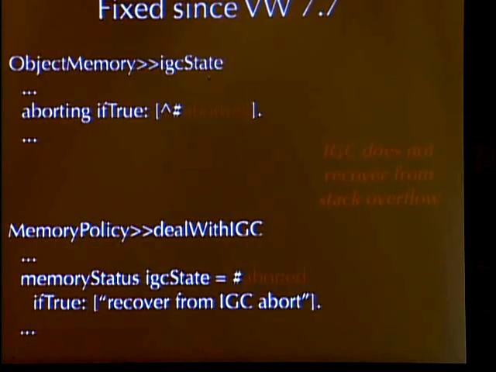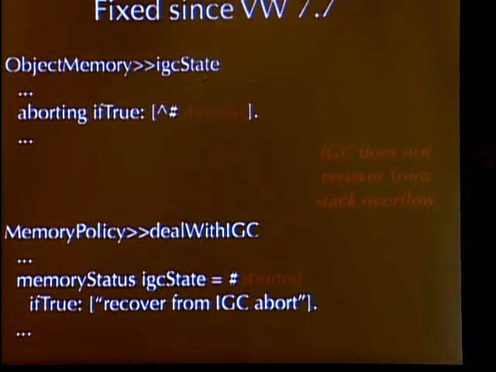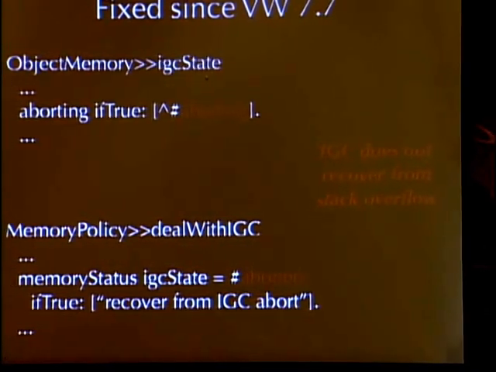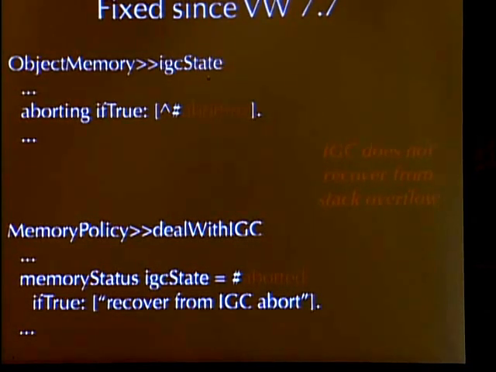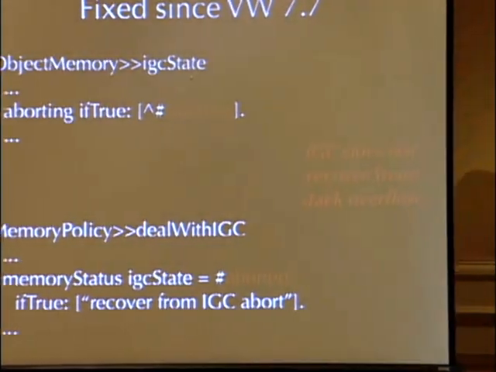And so the IGC is going to stay aborting forever, and will force your application to do a full GC to fix the problem. So, lesson: if you use code like that, passing symbols around and then comparing them with equality, typos will bite you. Now the code simply answers booleans, and so it's much easier to just say, hey, if object memory IGC is aborting, well, if true, then push it along, and then you don't have the problem of typos. Now, this is kind of amusing, kind of a nuisance.